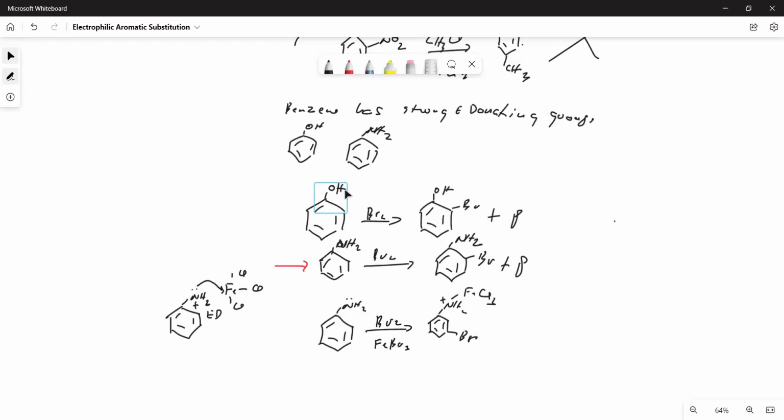So therefore, if you add the Lewis acid here, then the reaction will be enhanced. If you add the Lewis acid for bromine, all the ortho and para positions will be occupied by bromine. So you will have bromine here, bromine on the other ortho, and bromine below.